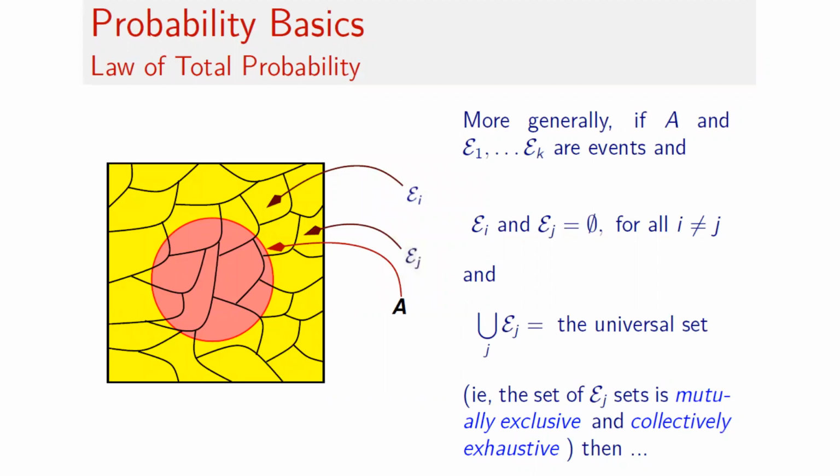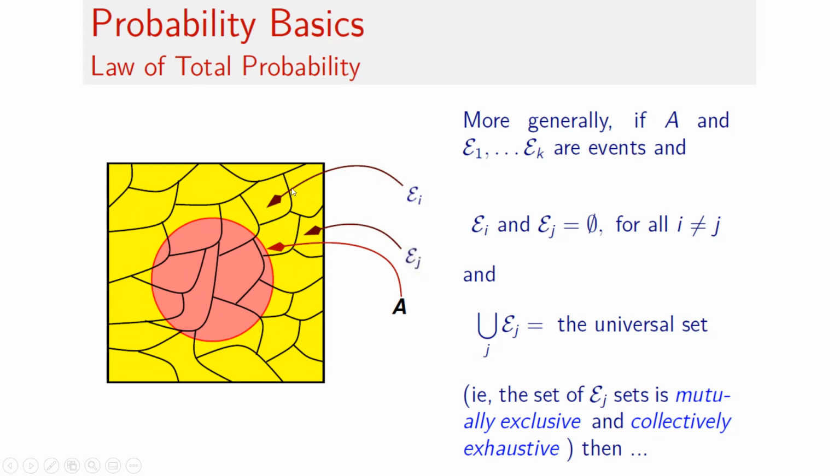So generalization is when we have many events. All those events epsilon together cover the whole set, the whole universe, and they have no overlapping. For example, we can see that here we have one event, another event, and the events are not overlapping.